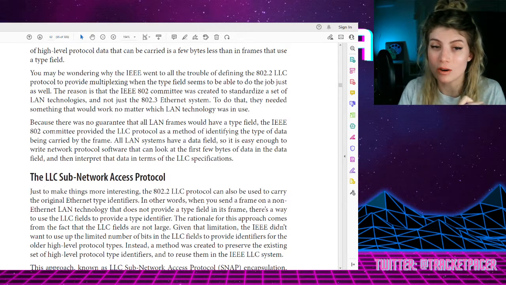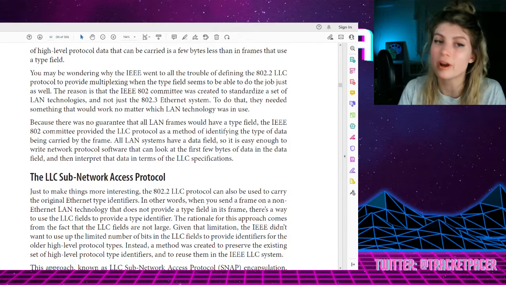Because there was no guarantee that all LAN frames would have a type field, the IEEE 802 committee provided the LLC protocol as a method of identifying the type of data being carried by the frame. All LAN systems have a data field, so it's easy enough to write network protocol software that can look at the first few bytes of data in the data field and then interpret that data in terms of the LLC specifications.